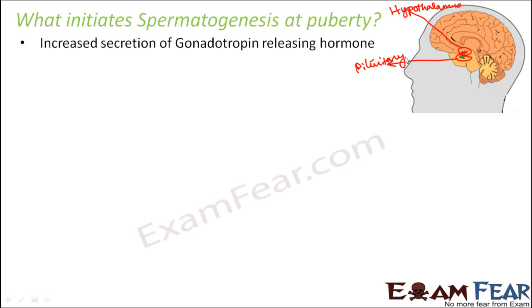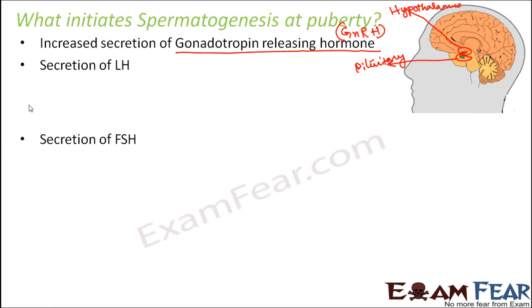Now at puberty, the secretion of gonadotropin releasing hormone, often known as GnRH, from the hypothalamus increases. When this releasing hormone is secreted, what happens? It stimulates the pituitary to secrete LH and FSH.